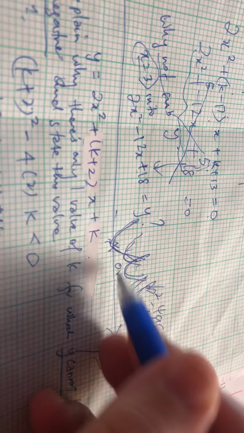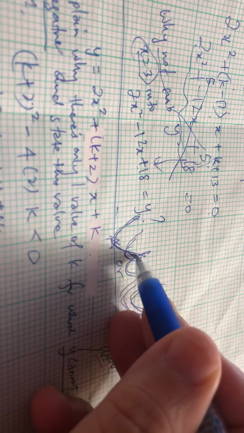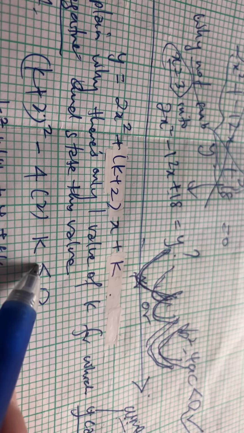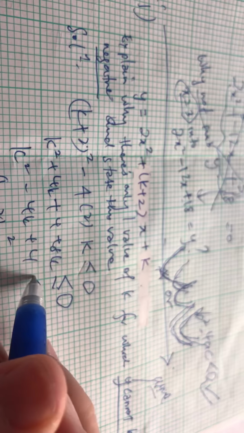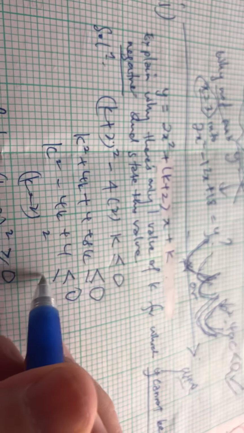That means the x-axis is a tangent to the curve. Alright, now once you know that, you will know that your b squared minus 4ac has to be not just less than 0, it can be equal to 0 also.